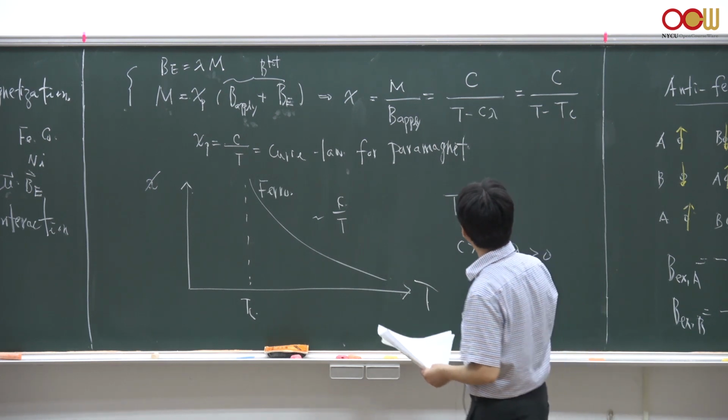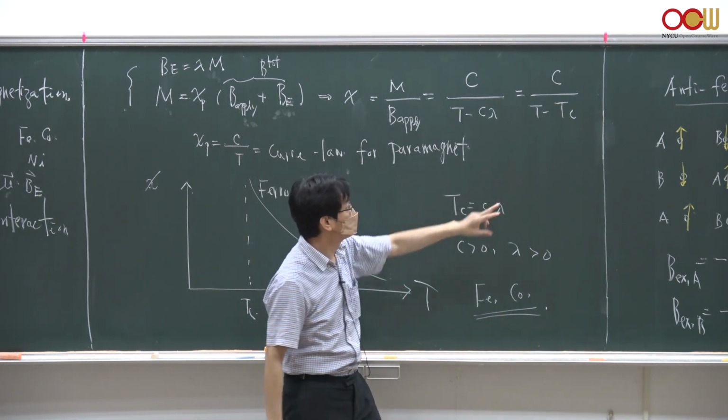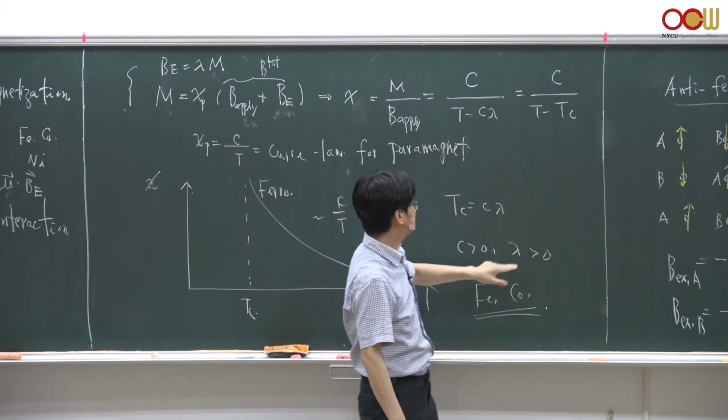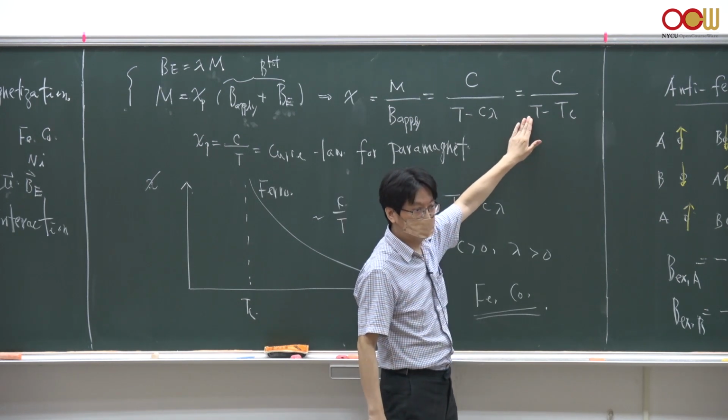And so it gets very similar to the Curie law for the paramagnet, except now I get a transition temperature Tc, which is defined as C times lambda in the denominator here.